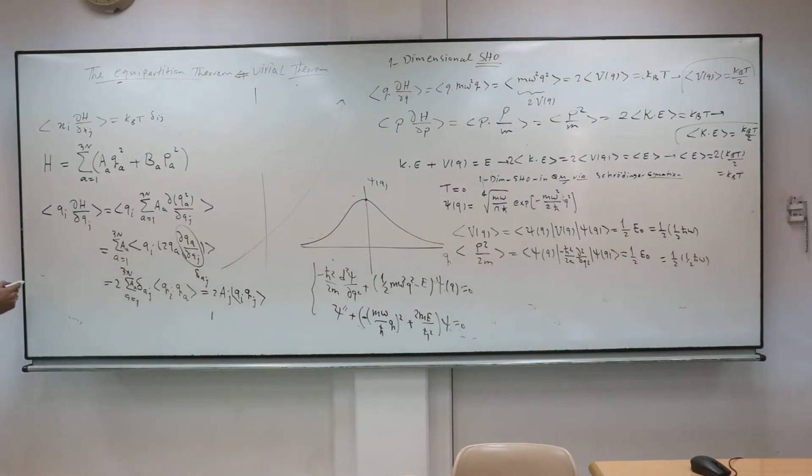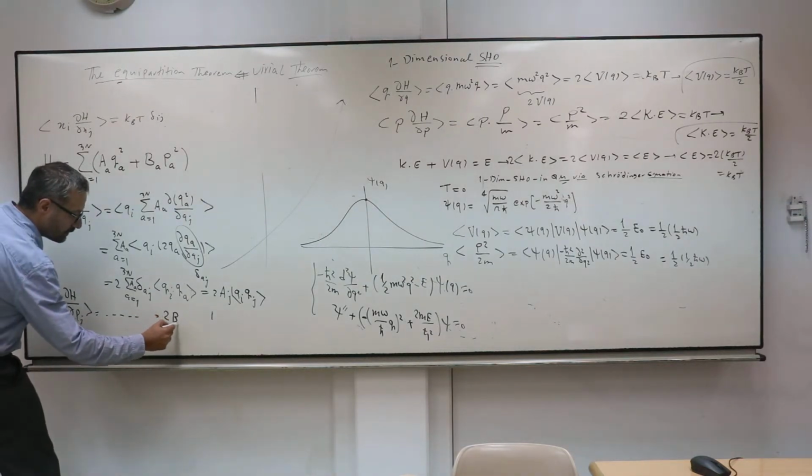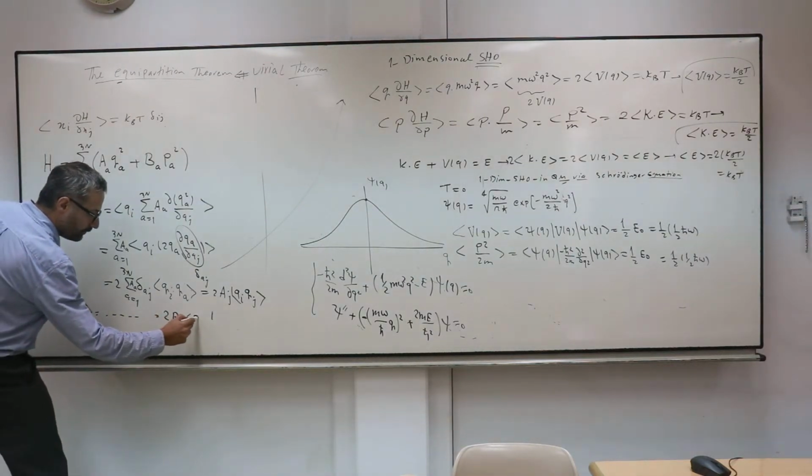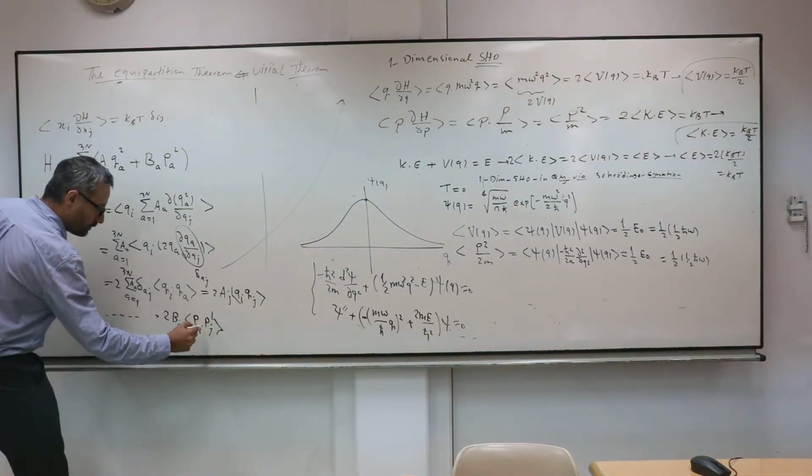And you can repeat that for the p_i partial derivative of H with respect to p_j. Almost the same, almost all the steps the same, just with p_i p_j.